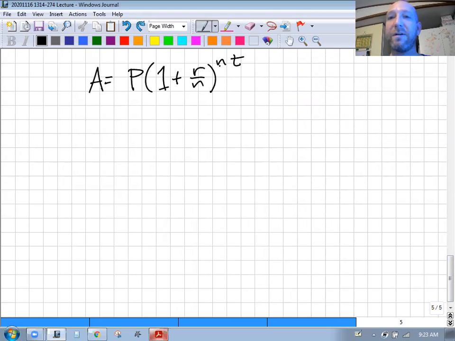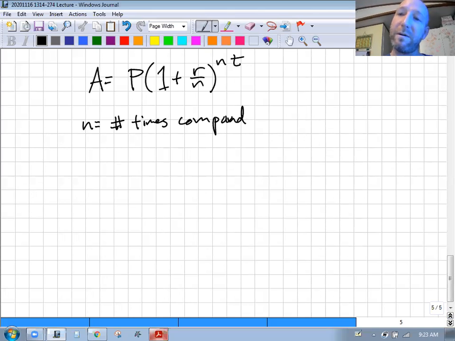But over here, think about the units that go on over here. N is the number of times compounded per year. See that per year?